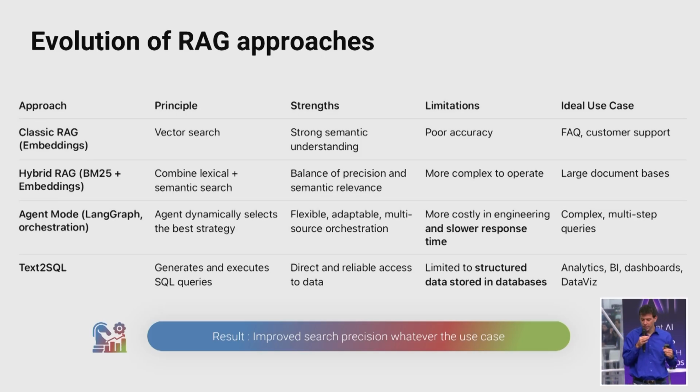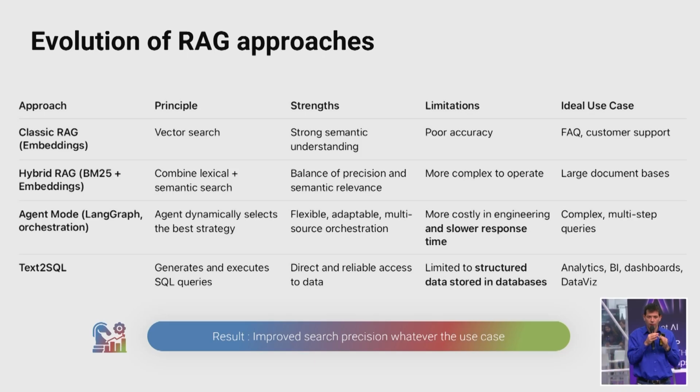The hybrid RAG, when you add several algorithms and do both lexical and semantic search, is more complex to create, but you can manage large document bases, and it can work well.